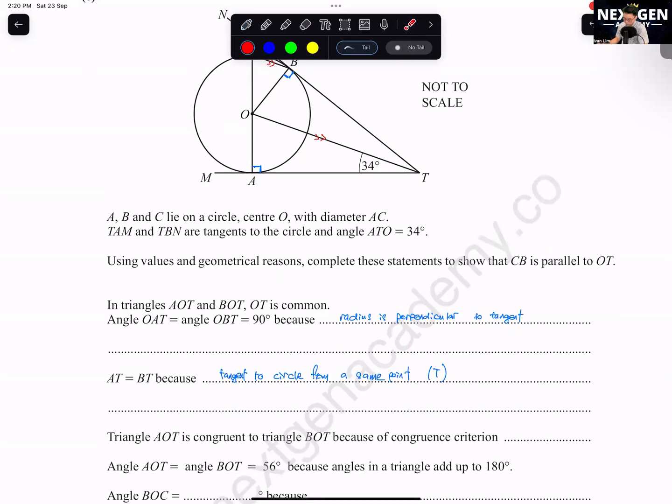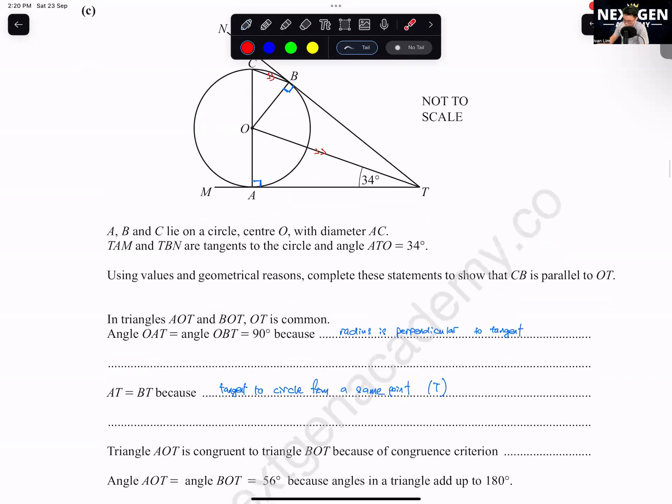Okay. So we know that this, we can maybe put some highlights. This and this. AT and BT.